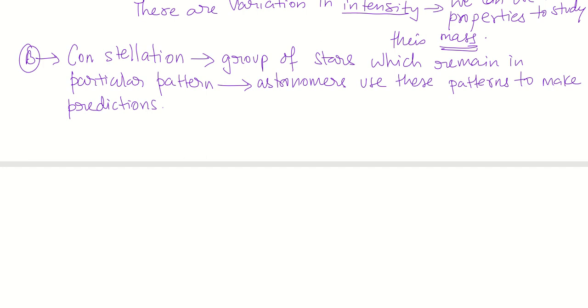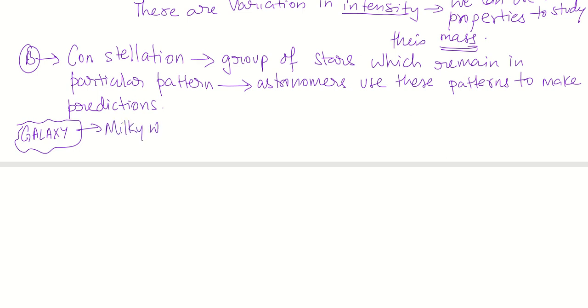And the last aspect of this is what is in our universe, objects in the universe. We have galaxy, and galaxy we know very well now because we are in the Milky Way galaxy. Our galaxy is Milky Way, and it is a spiral galaxy.